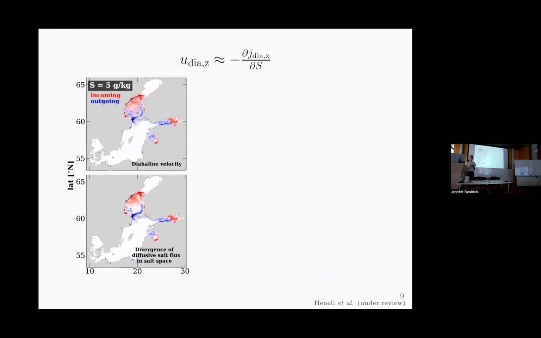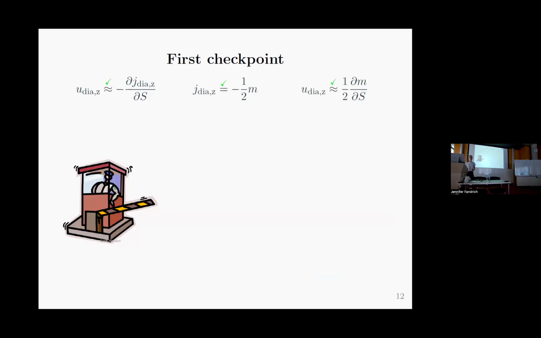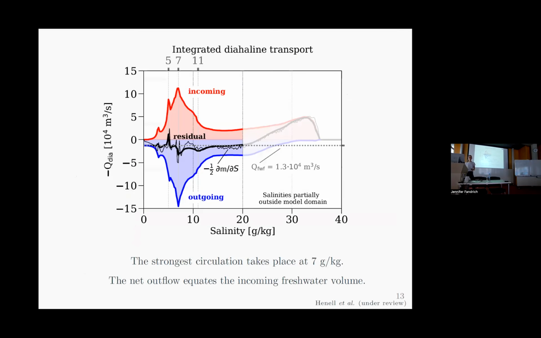It's, for instance, just the surface here. So if you sum all these values here together, that would be the isohaline surface. And it's actually biggest, in this scenario, at 7 grams per kilogram. And that also coincides with where we have the peak in this figure.